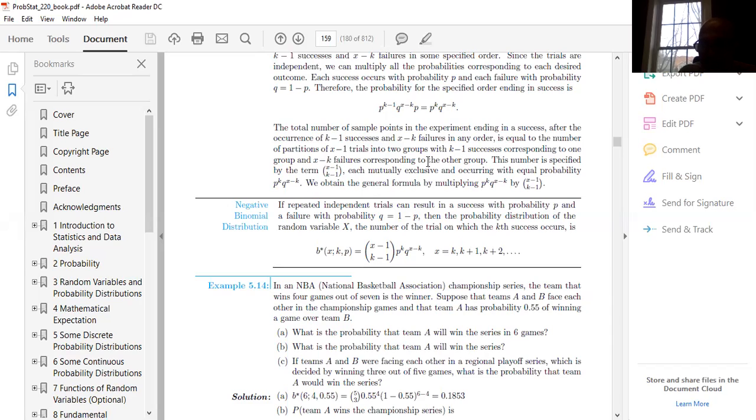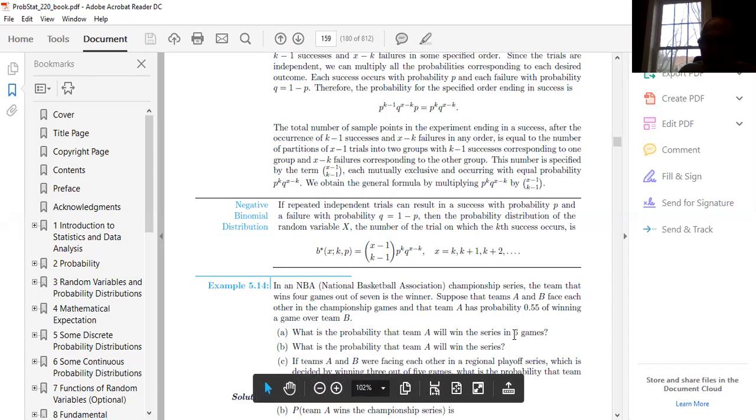Order is not important here. The only thing is team A has to win 4 games out of 6, because the question demands 6 games, not 7. Second part: what is the probability that team A will win the series?